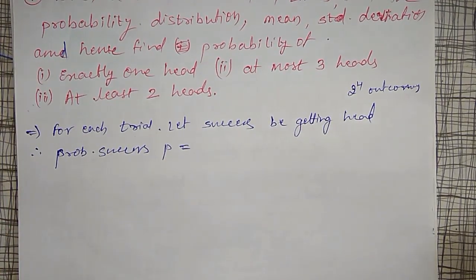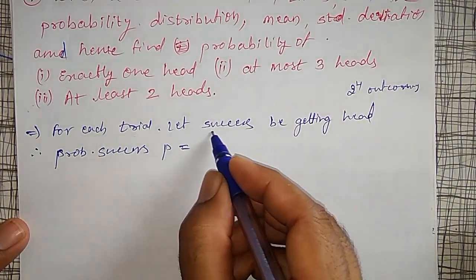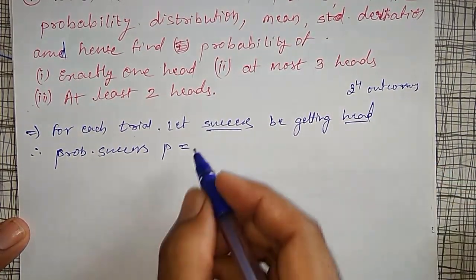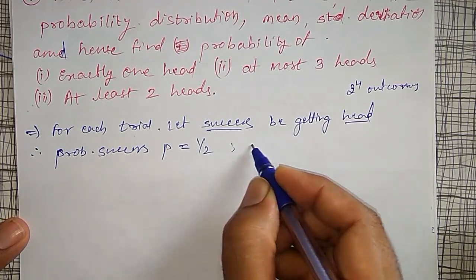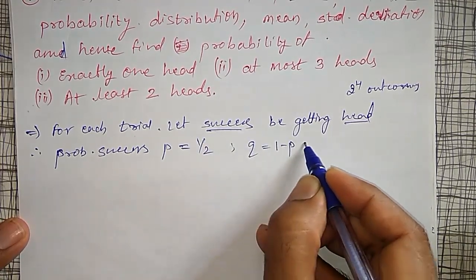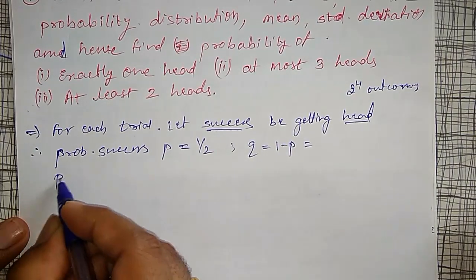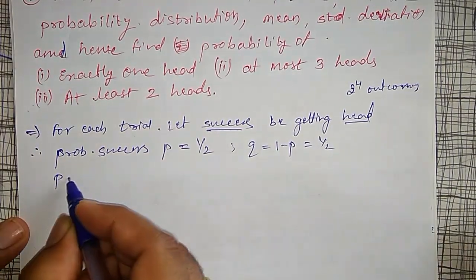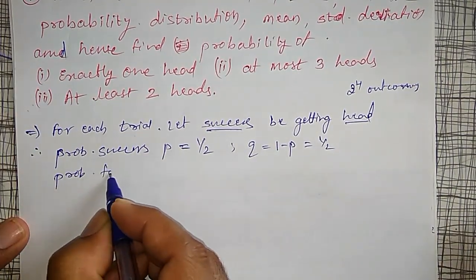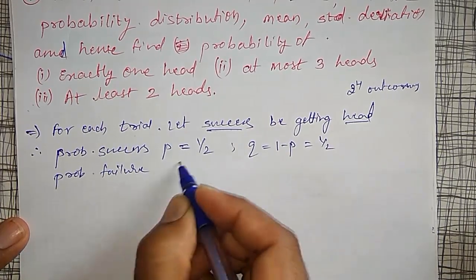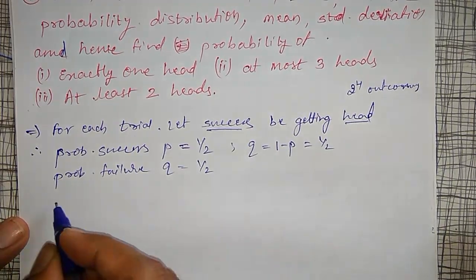Therefore the probability of getting a head is my probability of success. I am defining success as getting a head, therefore its probability is 1 by 2. Therefore q is equal to 1 minus p, the probability of failure, that is also 1 by 2.